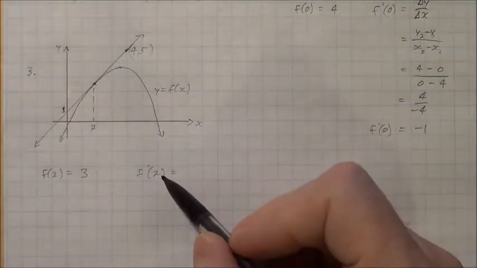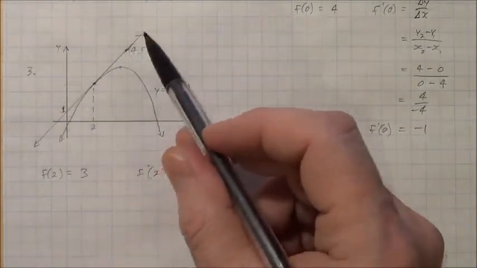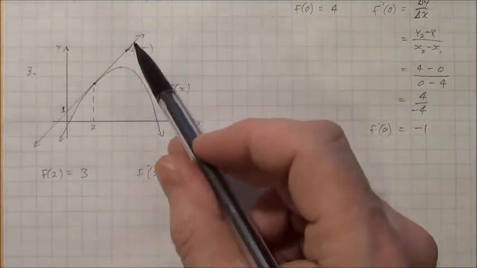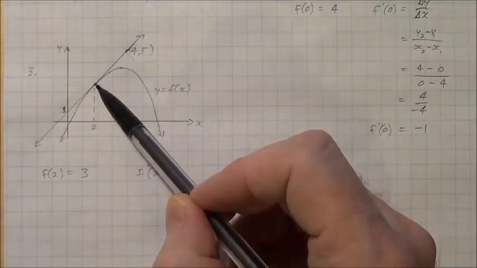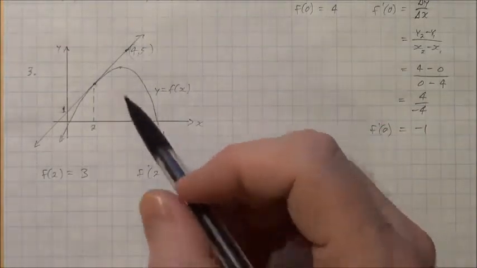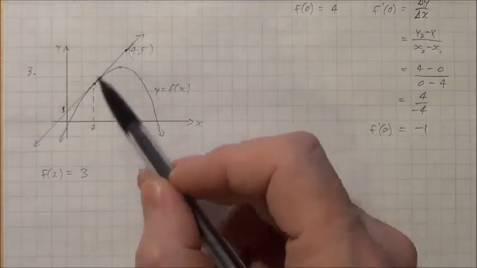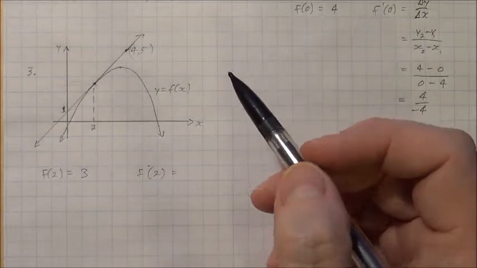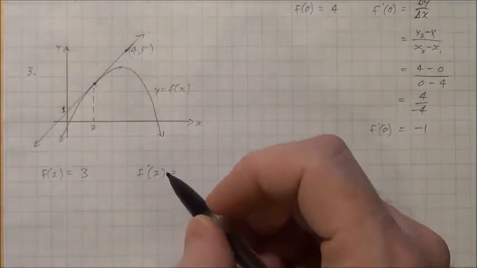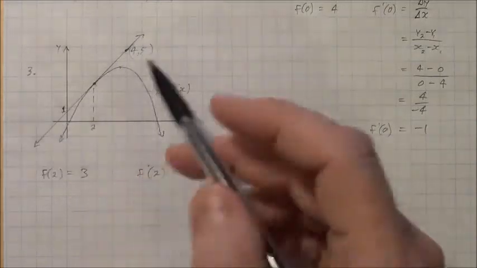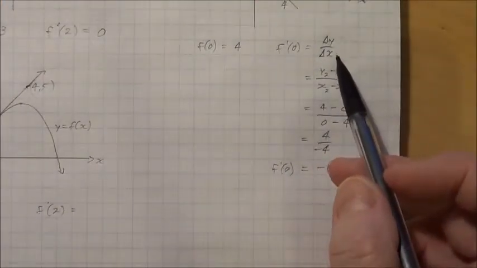Then we look at f prime of 2, the rate of change of that tangent, or the gradient of that tangent at the point where x equals 2. The rate of change of the gradient is going to be the same as the rate of change, or the gradient of the curve at that point of tangency at x equals 2. So f prime of 2, I can use the tangent line to solve that, again by using the same technique of delta y over delta x.